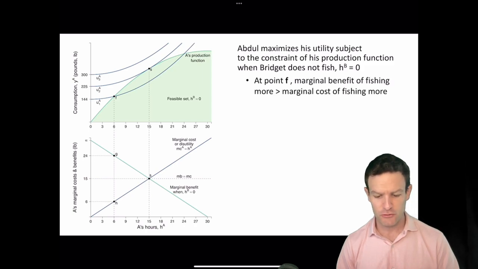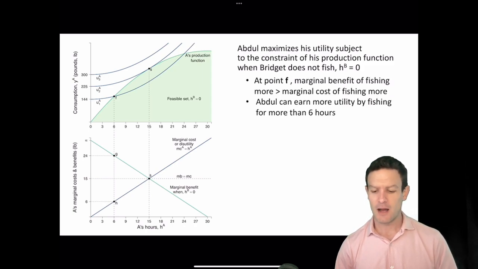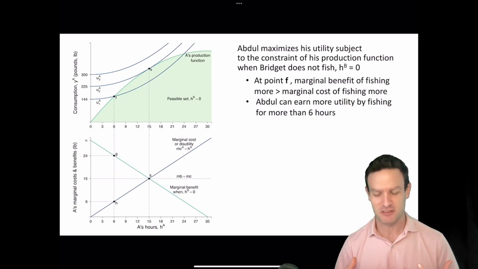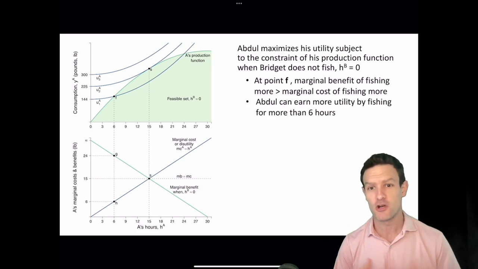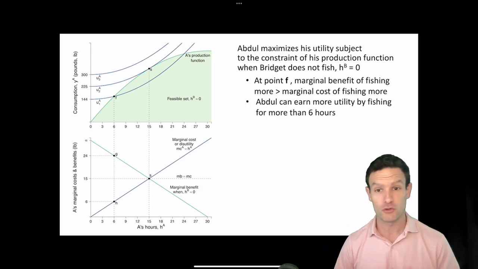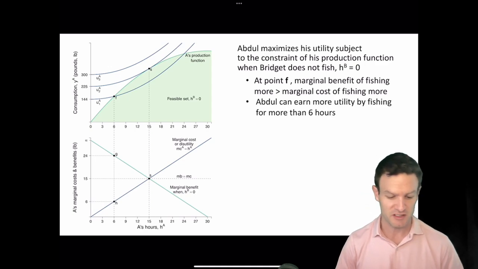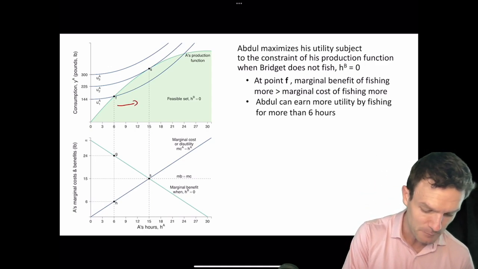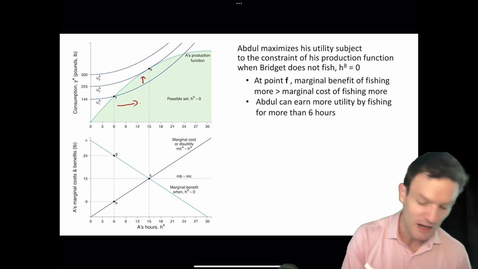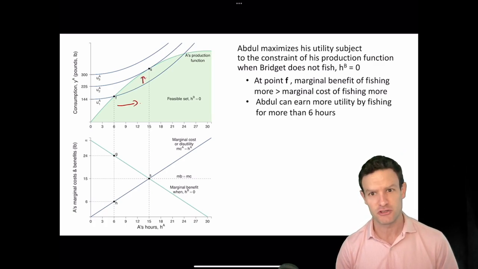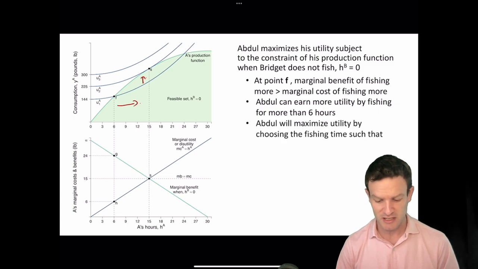Okay, so to think through that even more, we know that Abdul, again, we're just thinking about him maximizing his utility subject to the constraint of his production function. At point F, the marginal benefits of fishing more were greater than the marginal costs of fishing more, therefore he should continue fishing. Abdul can also earn more utility by fishing more than 6 hours. By increasing the number of hours that he fishes, he will move up to a higher indifference curve and increase the utility that he would receive.